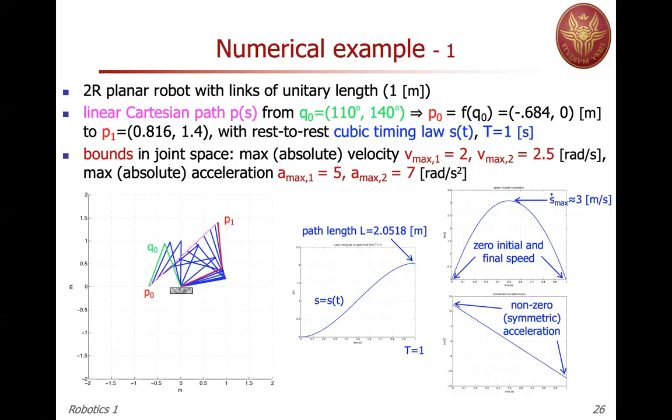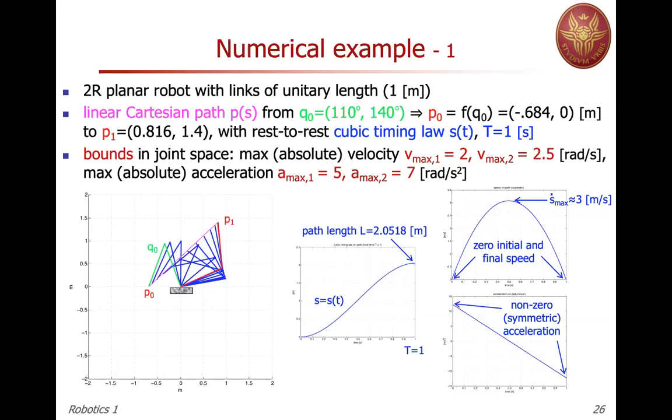Okay, so now suppose that we have bounds in the joint space. Pay attention, we have planned a motion in the Cartesian space, so I'm using this exactly as a combination of all the possible things that you can do. Again, you will find in the list of exams, in the exercises, many other situations.